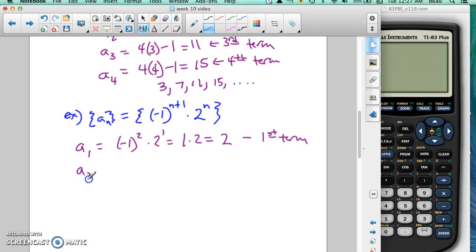My second term, a sub 2, is going to be -1 to the 2 plus 1, and then times 2 to the second power. So that's going to be the third power here, so that's going to be -1 times 4, 2 to the second power. So it's going to be -4. That's going to be my second term.